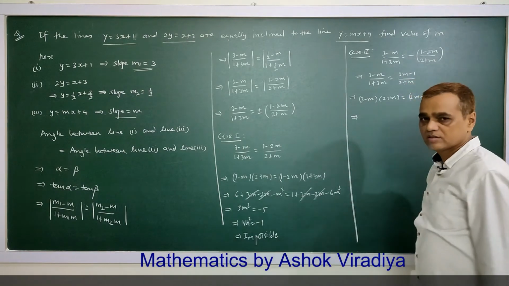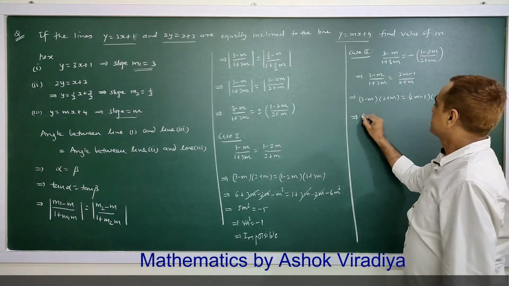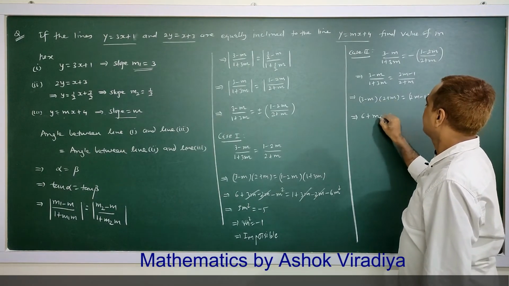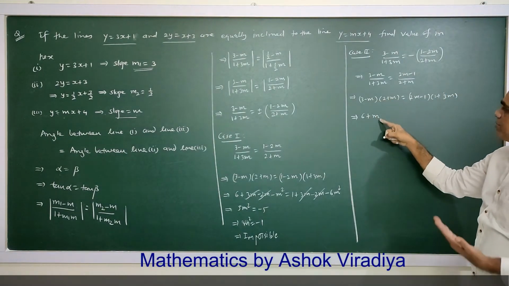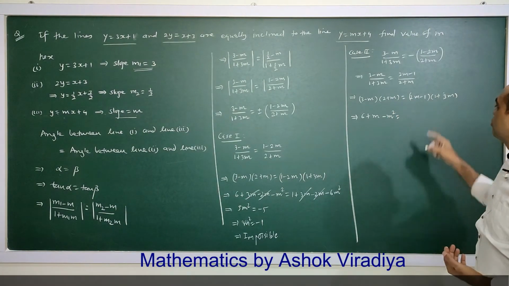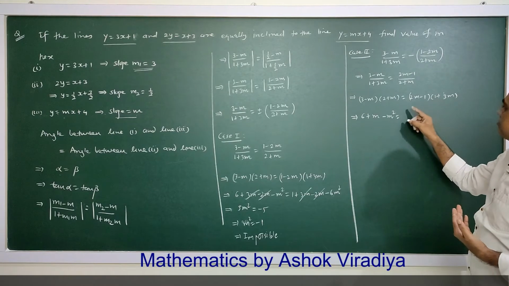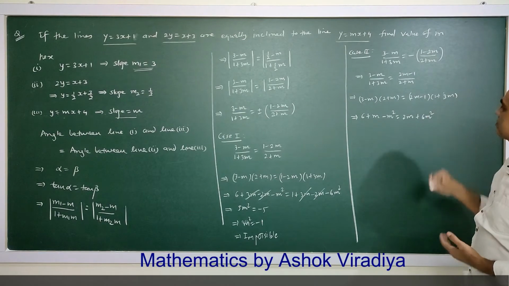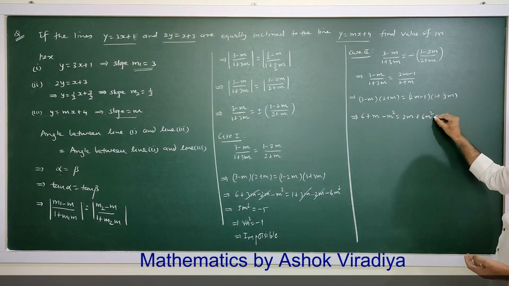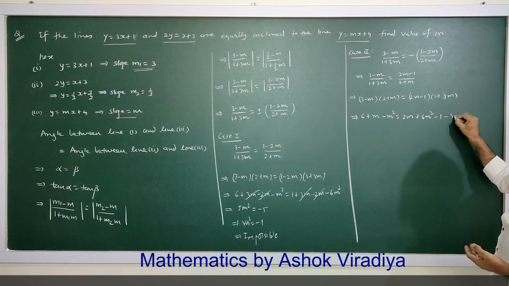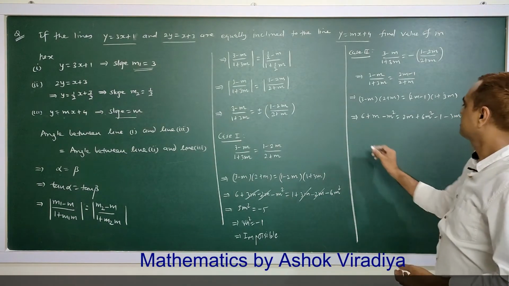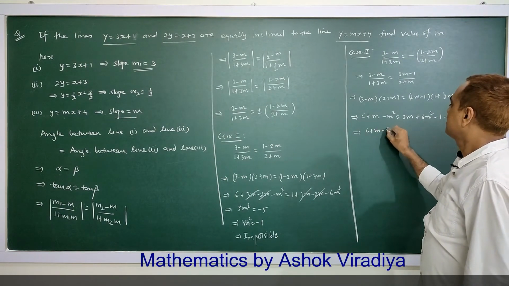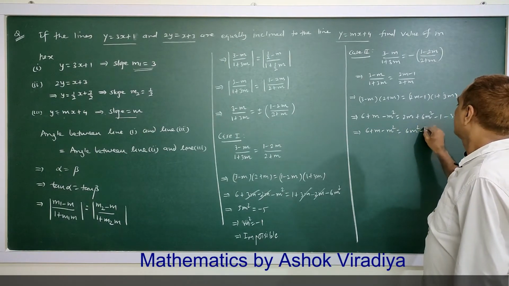That is 3 into 2, 6, plus 3m minus 2m, that is plus m, minus m square, equals 2m plus 6m square minus 1 minus 3m. So that is 6m square minus m minus 1.